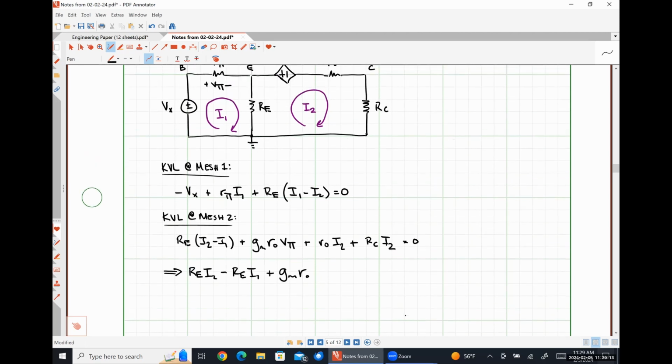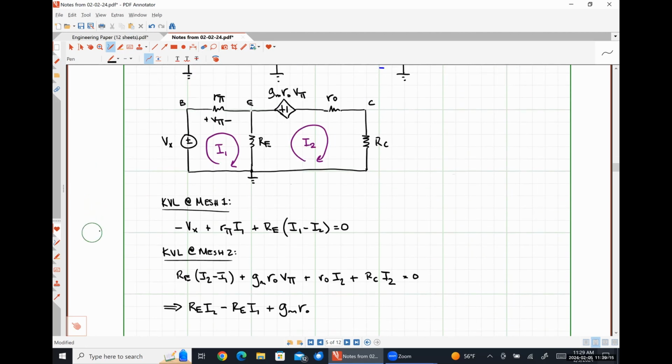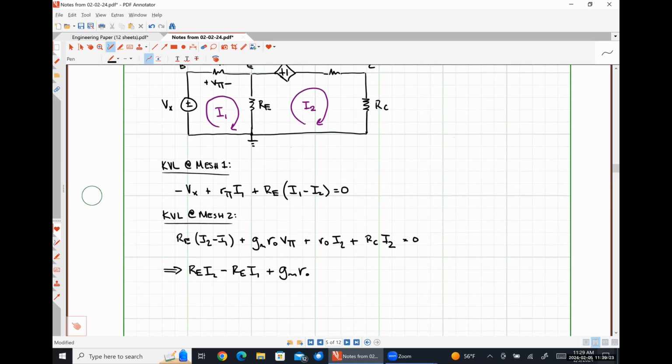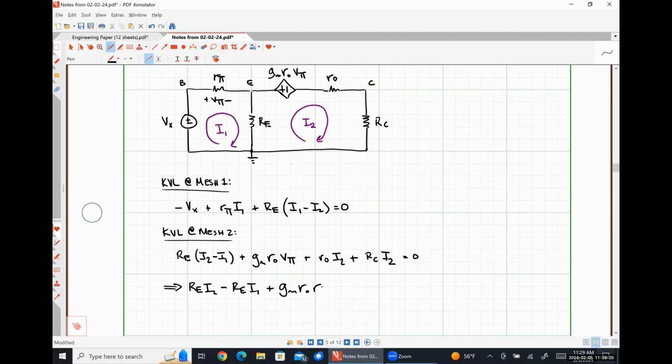So V pi is just R pi times I1 using Ohm's law, so nothing fancy there. And then I have my R naught I2 and RC I2.